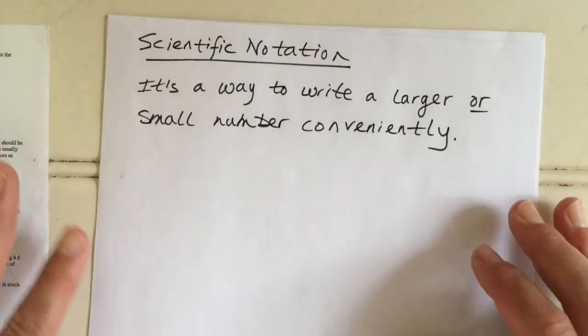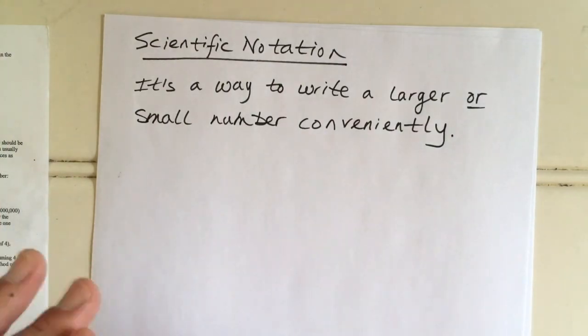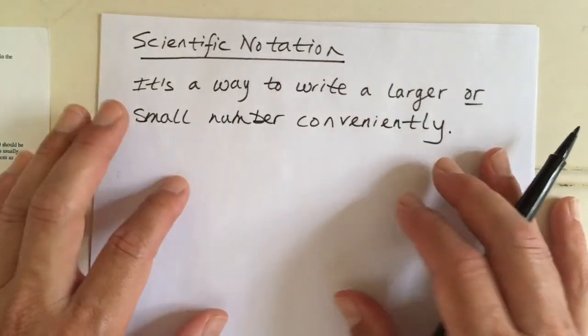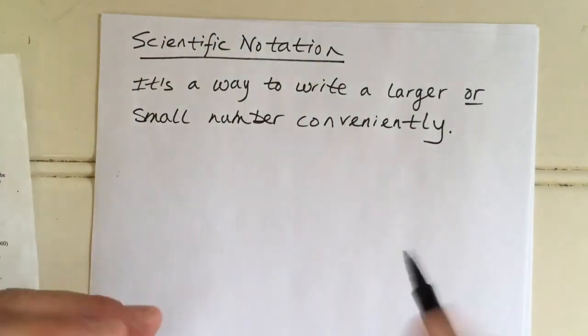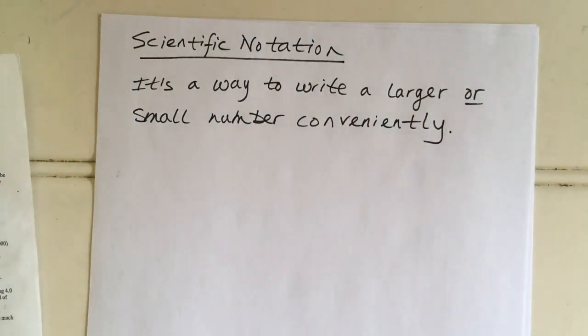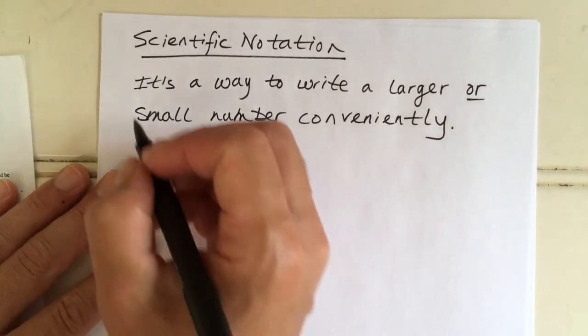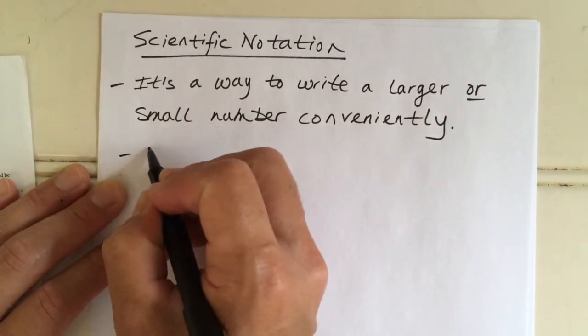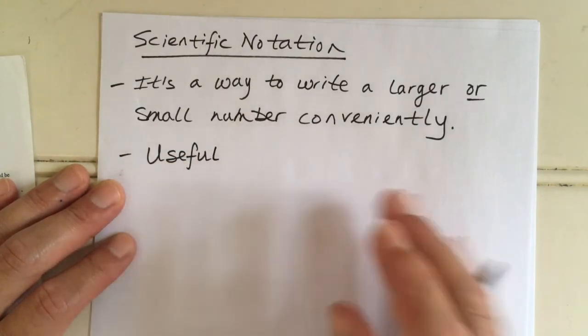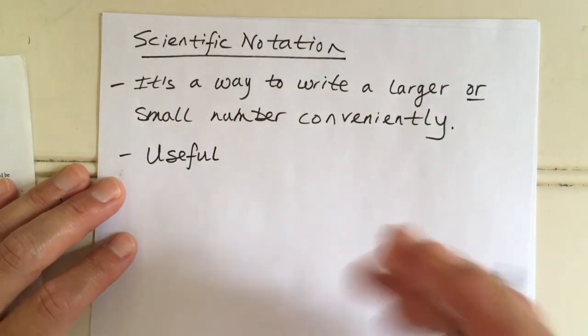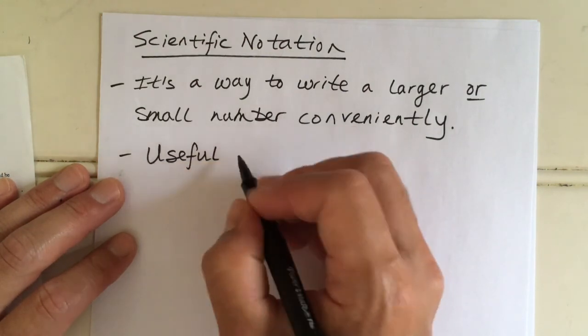It actually goes along with significant figures, which I'm not going to talk about in this class too much, but in significant figures, everything that's written in scientific notation is significant. So that's another reason it's useful. So I'll just write that down because I know some of you will take AP Chem or college chemistry, and I want to mention it.